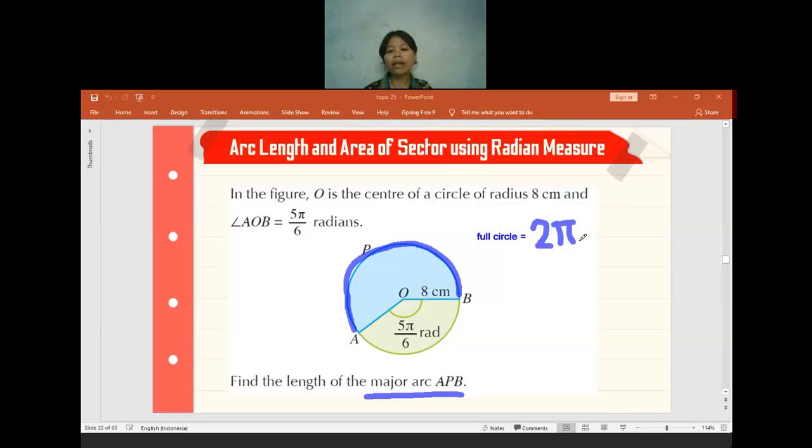If the smaller angle is 5 pi divided by 6 radian, how many radian is the bigger, the reflex angle? The bigger AOB, how many radian will it be?